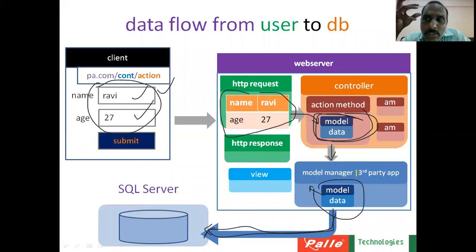So in MVC, your first step is, from whichever place the data is coming, make sure to store that data in the model and then send that model to the appropriate part in the MVC. There you write the code either for displaying, inserting, updating or deleting the data. As simple as this.